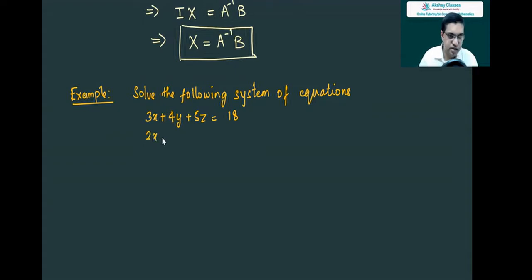Then 2x minus y plus 8z is equal to 13. Then 5x minus 2y plus 7z is equal to 20. So we will use matrix inversion method.